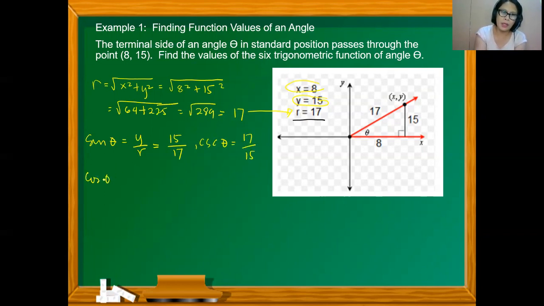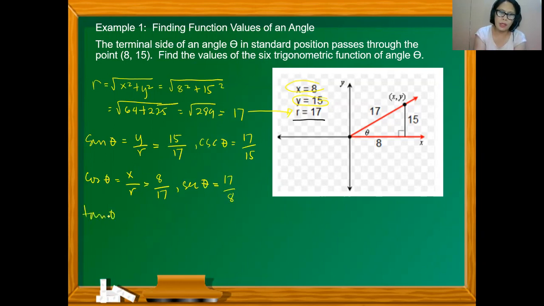Now cosine theta is x over r, so x equals 8 and r is 17. So this is our cosine theta, 8 over 17. Secant theta is equal to the reciprocal of 8 over 17, so we have 17 over 8.